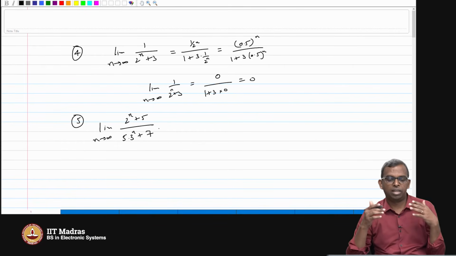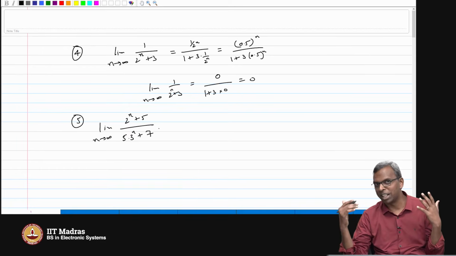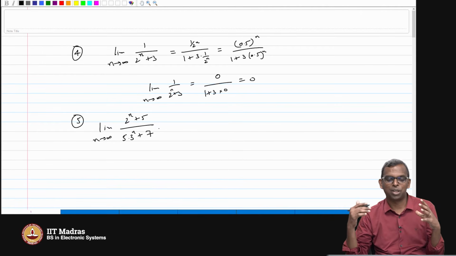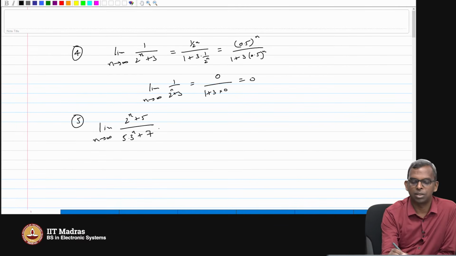So now you have this situation where the numerator is flying off to infinity, the denominator is also flying off to infinity, and you have this infinity by infinity situation, and you have to resolve it, figure out which one is going faster. Is it going to go to 0 or is it going to go off to infinity, right? That's the situation you have to resolve now, because the two infinities are not the same. One is like 2 power n, the other is some 5 into 3 power n. Of course, there's the plus 5 there, plus 7 there, all those things you have to worry about.